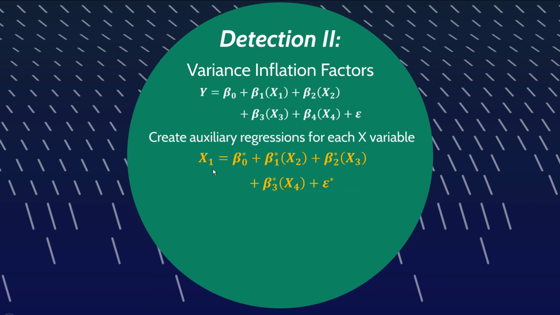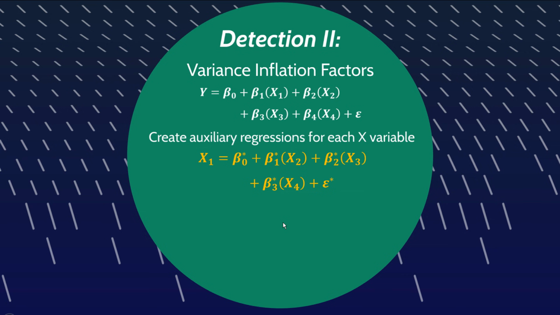And what this effectively is trying to figure out is how much of x1 is being explained by the 3 other x variables. How superfluous is it in the original model? How much of its information is already contained in those three other variables.